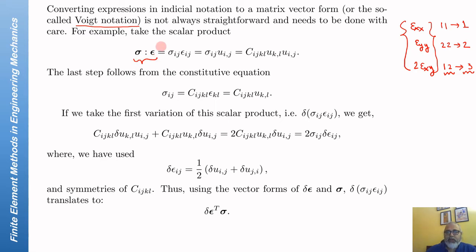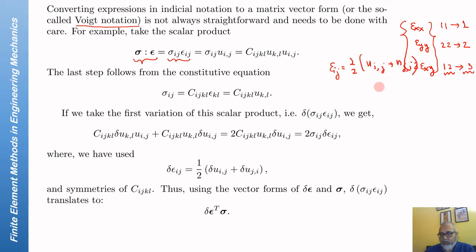Now let us look at this product. This is the inner product of stress and strain, which from indicial notation we know is sigma ij epsilon ij. Now epsilon ij, we know from the strain displacement relationship, is half of u i comma j plus u j comma i.